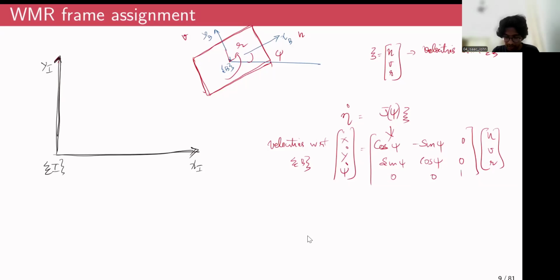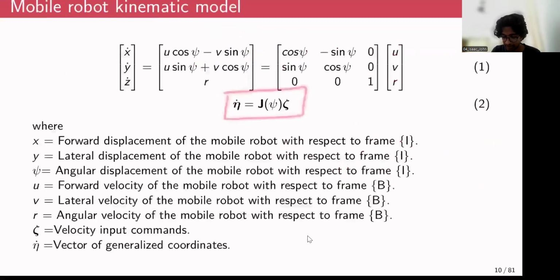Yeah, and we have actually pretty much talked about this relation. This is the fundamental relation that we deal with in robot kinematics. So when we discuss robot kinematics, this is the relation that we have to recall, right? Eta dot equals J of psi multiplied by zeta.